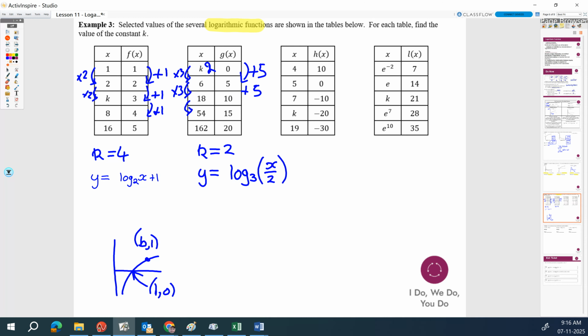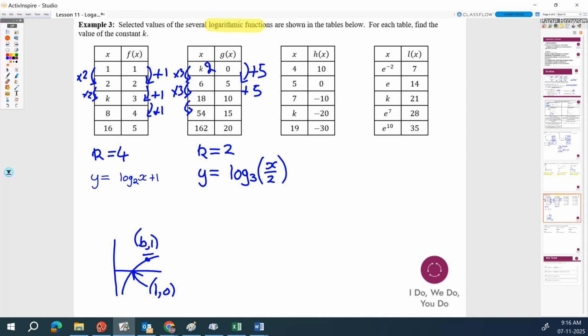Now, when we put in our next value, it would be 6. That would be a 3 inside here. And remember this point here, (b, 1). So when we put in 3, we should be getting a 1 out. Why are we getting a 5?